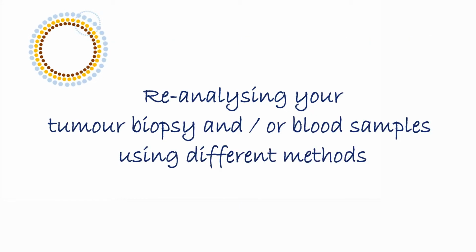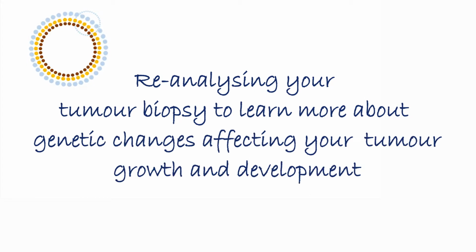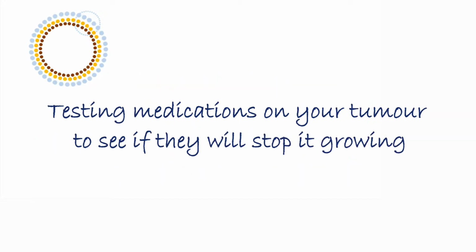Third, reanalyzing your tumour biopsy and/or blood samples using different methods to see if scientists can identify the best method for genetic testing for patients with tumours. Fourth, reanalyzing your tumour biopsy and/or blood samples to learn more about the genetic changes affecting your tumour growth and development. And finally, testing medications in your tumour to see if they will stop it growing.